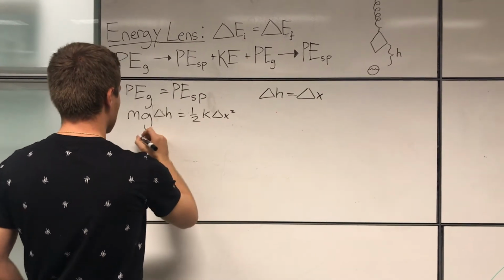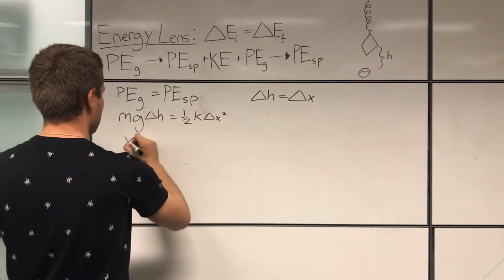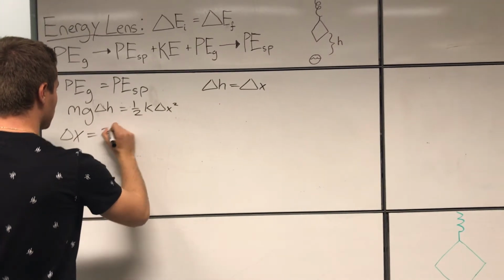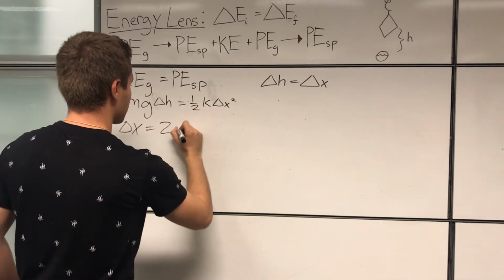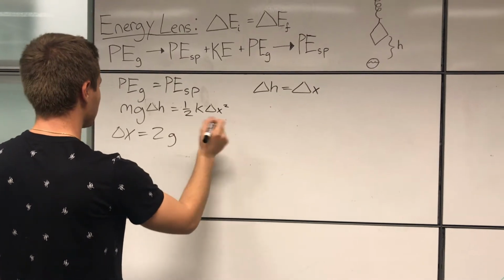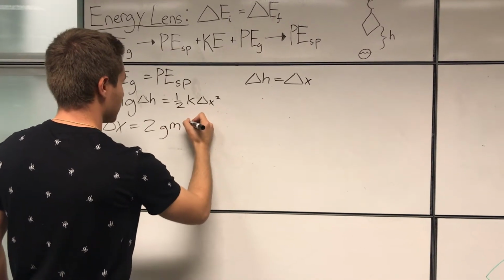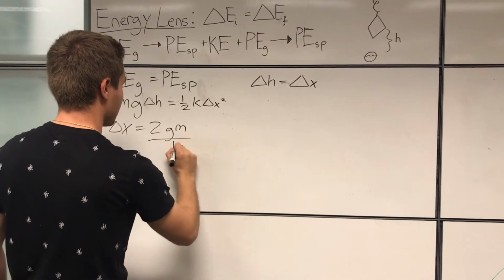Ultimately, Δx will be equal to 2 times g times m over k.